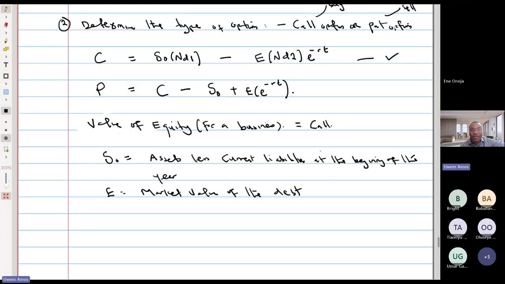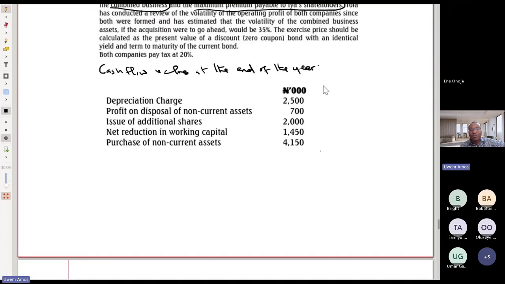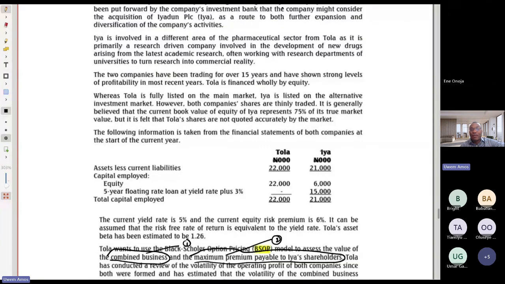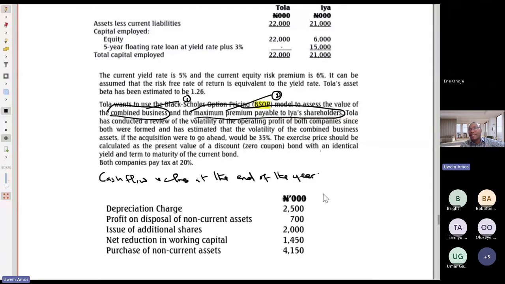All right, so there we have it. So let's quickly recap the gist of the question. So you have Tolade as a company trying to acquire IA PLC. And they're trying to establish what is the value of the combined business? So if IA and Tolade were to merge, what is the value of the combined business?